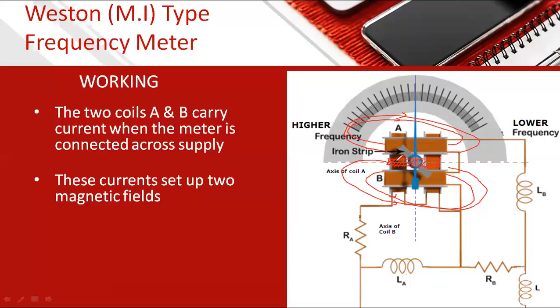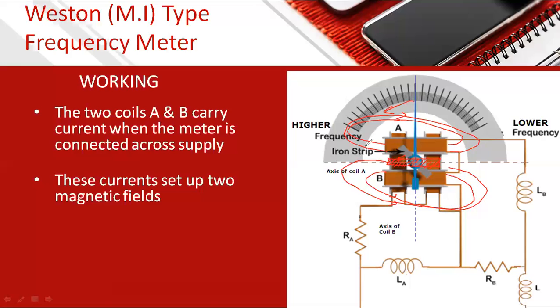Why? Because it gets attracted to the magnetic field produced by coil A. It is about the axis of coil A and hence it aligns to the axis of coil A, which means the pointer will try to move in anti-clockwise direction.